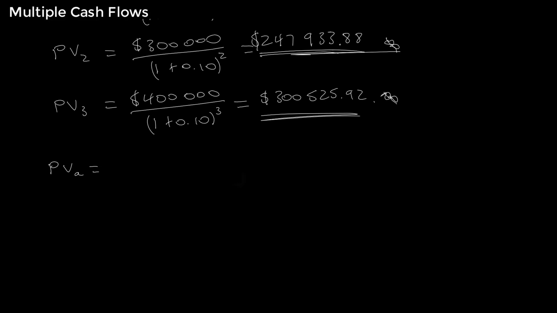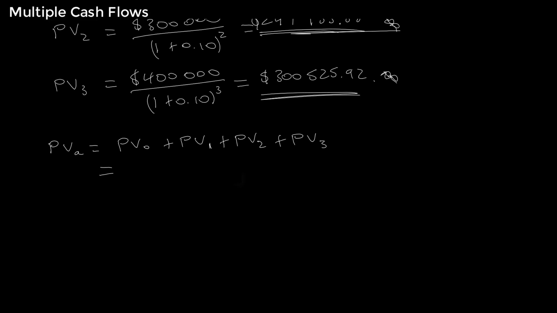Okay, so the present value of option A is just the present value of the cash flow received in year 0, the present value of the cash flow received in year 1, the present value of the cash flow received in year 2, and the present value of the cash flow received in year 3. Okay, so the present value of our first cash flow is $100,000. Present value of the cash flow in year 1 is $181,818.18.